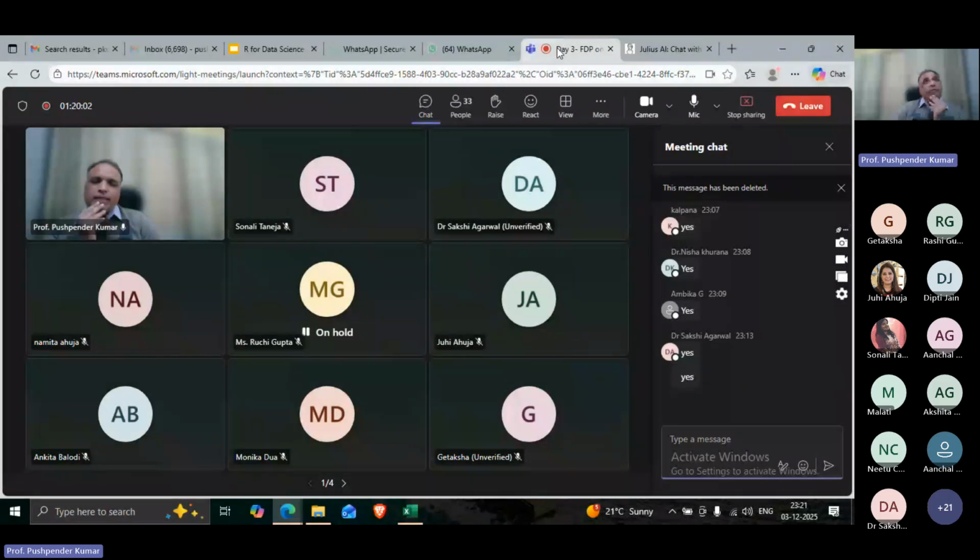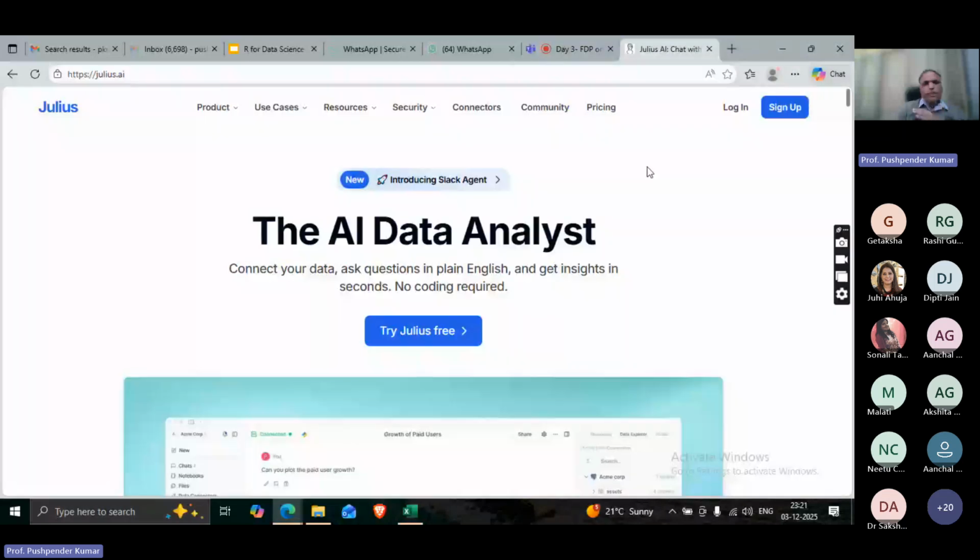Write in your chat box, everybody. Okay, fine. I have the paid version, but it is on another laptop, and the problem with that laptop is I'm not able to open this platform. Let me see if I can try it here right now.